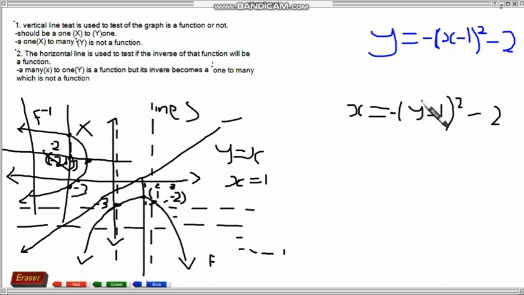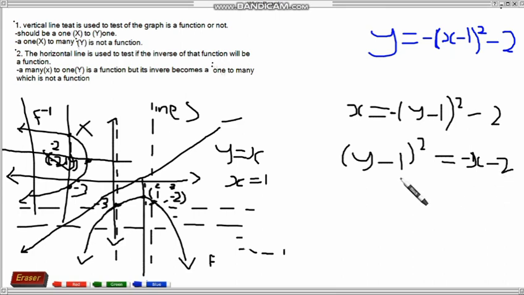So let me take this whole thing and take it to the other side. It will be positive. Now it will be y minus 1 squared is equal to negative x minus 2.